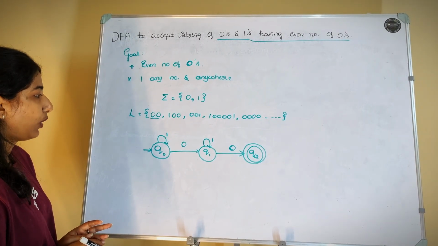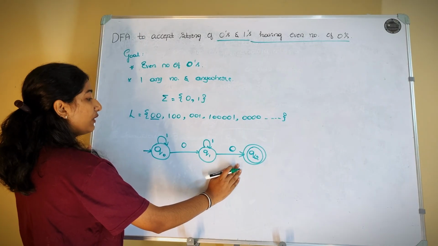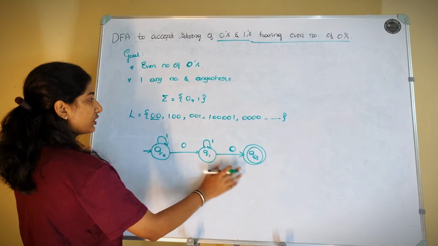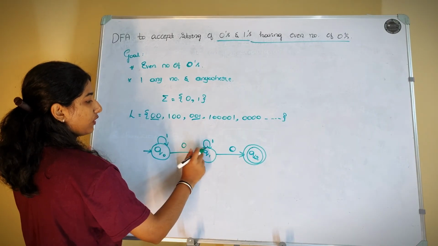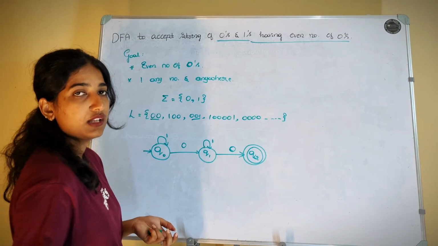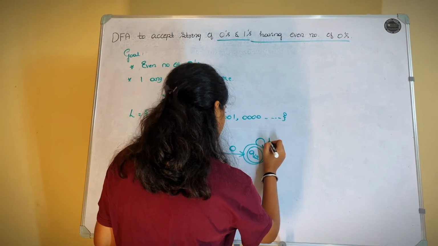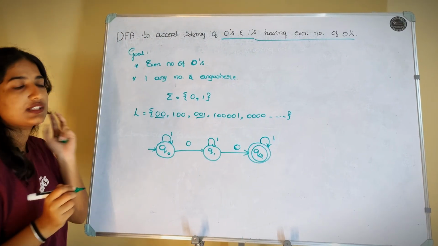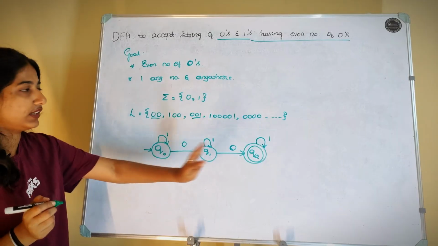Now our doubt is 0 0 is okay. Now if I get 1 0 0 is also okay. 0 0, what if I get 0 0 1? So here also if I get 1, I should be there in the Q2 state only, because it is not affecting our transition diagram. So we can stay there and ignore that 1.